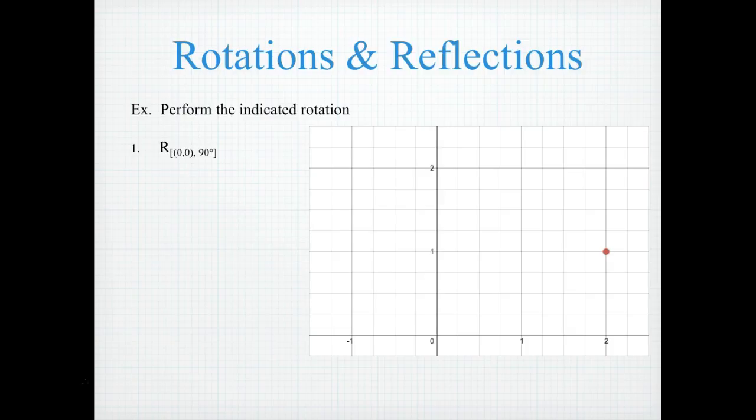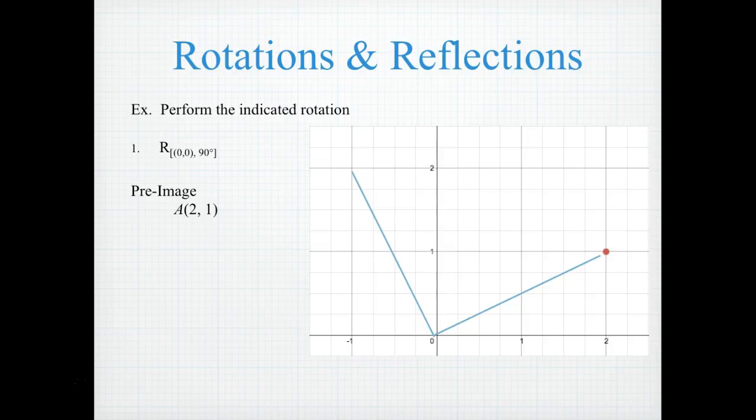Here we have an example. We're asked to perform the indicated rotation. Here we have the coordinate 2, 1 as the red point in the coordinate plane, and we're asked to rotate 90 degrees about the origin. The pre-image is the coordinate 2, 1. We draw a line segment from the pre-image to the origin.